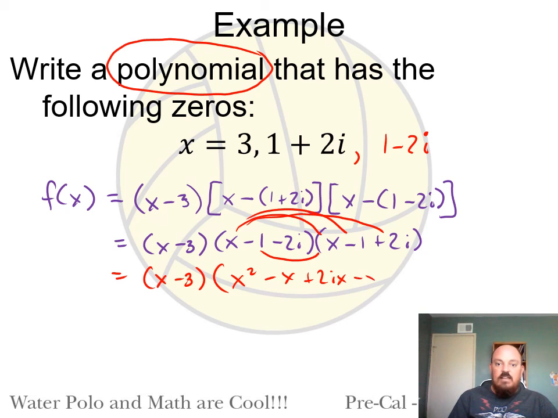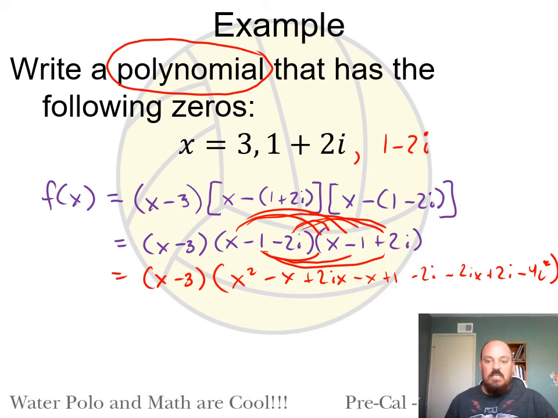I get negative x plus 1 and minus 2i. And then I should get 3 more terms when I do the negative 2i. I get negative 2ix. I get plus 2i. And I get minus 4i squared. Good.